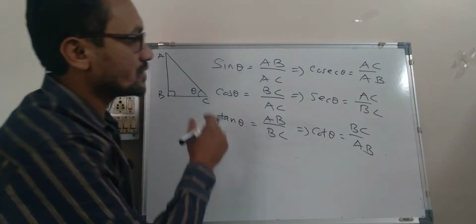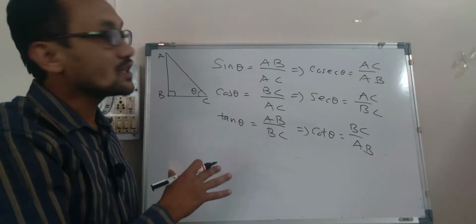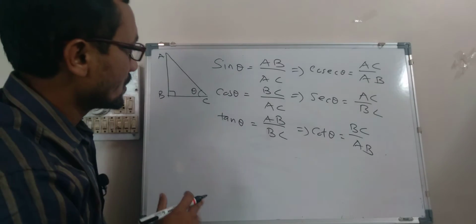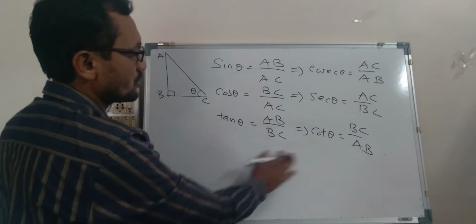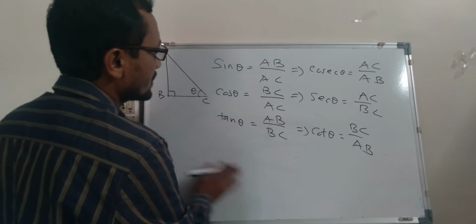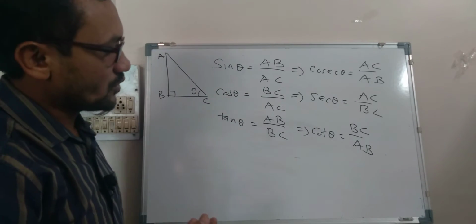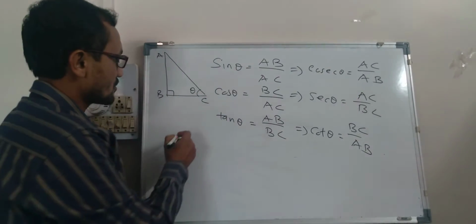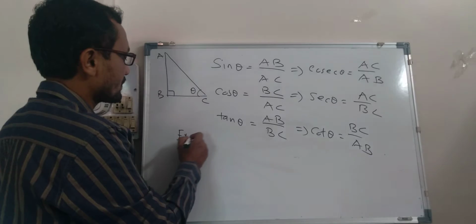So these are the 6 major trigonometry ratios which are very important to learn trigonometry properly. We have many formulas after this, but before seeing them, we will solve some examples. Suppose we have example 1.